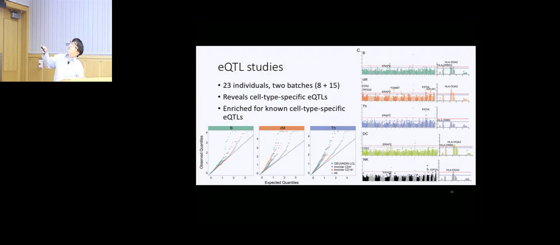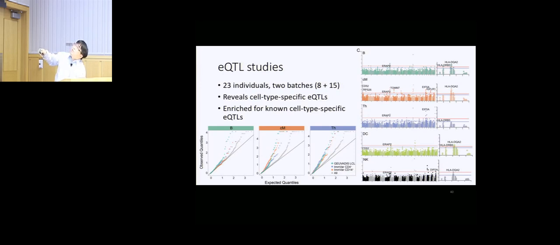But interestingly, the colors represent different cell types, and you do see that the eQTL profiles are slightly different by cell type. There are cell type specific eQTLs. The way we checked is that the green is the Japanese LCL eQTLs, which is enriched across all the cell types. But there is also cell type specific eQTL enrichment, looking at CD4 positive T cells and CD14 positive cells.